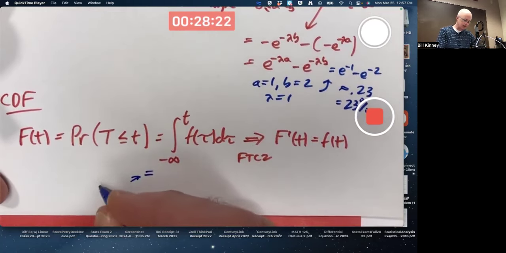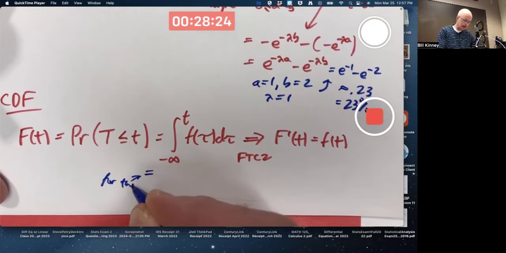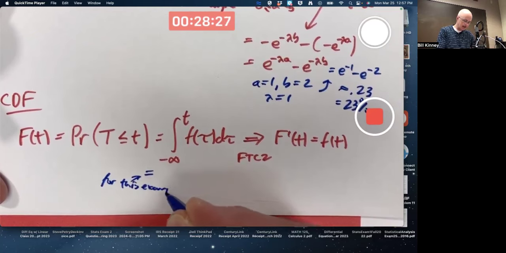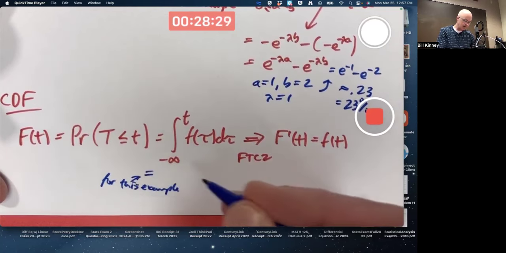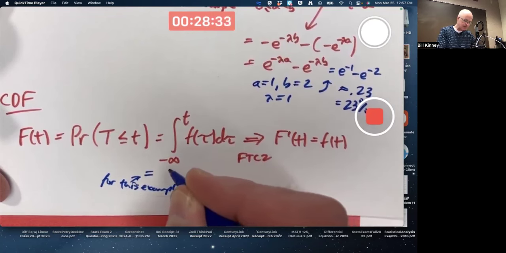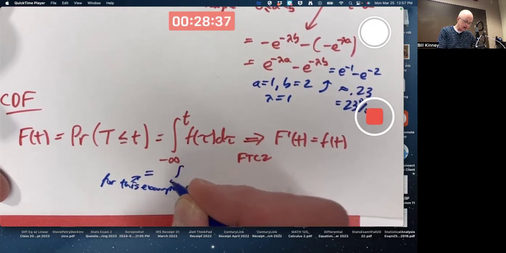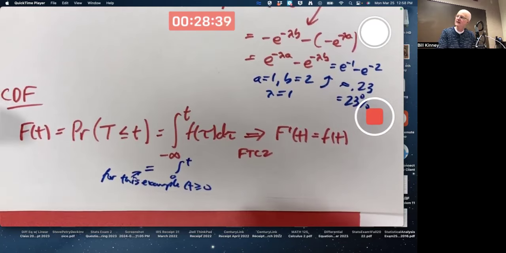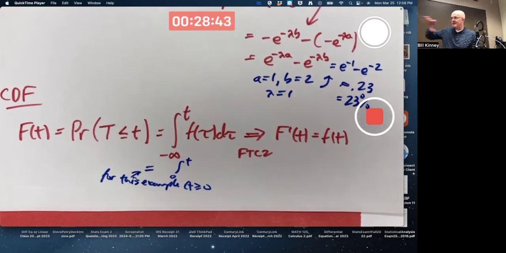For this example, at least when t is greater than or equal to 0, you can actually just integrate from 0 to t instead of minus infinity. Why? Because our PDF is 0 when t is negative.